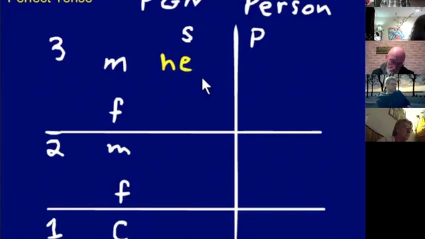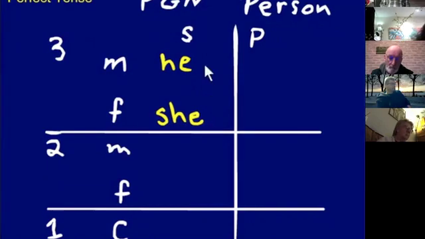The ending, in this case, for the perfect, will indicate that it's 3ms. So you have the subject embedded right there. So third feminine singular would be she. He could also be it, and she could be it if you're talking about an inanimate object that is feminine or that is masculine.